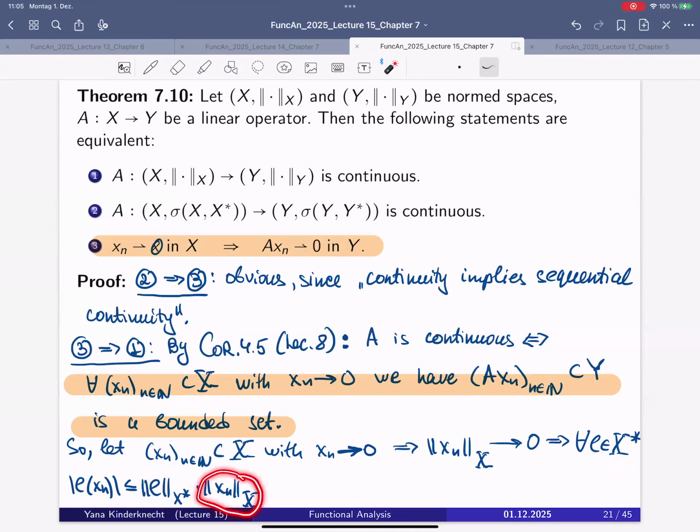And the norm of Xn converges to 0. So all this converges to 0. That is what we have obtained: Xn converges to 0 weakly.